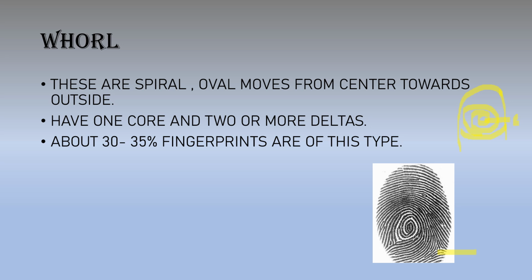This is one delta. This is one delta. You may find more deltas in a whorl, but there is always one core and one delta present. Within the population, 30 to 35% of the fingerprints are of the whorl type.